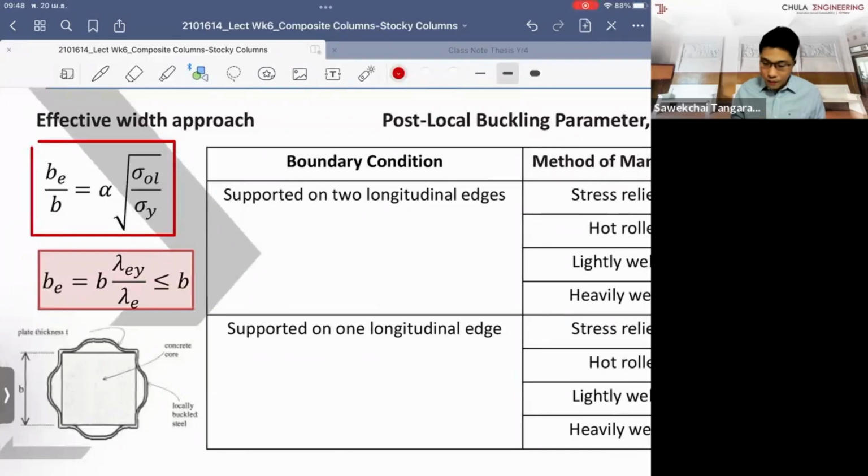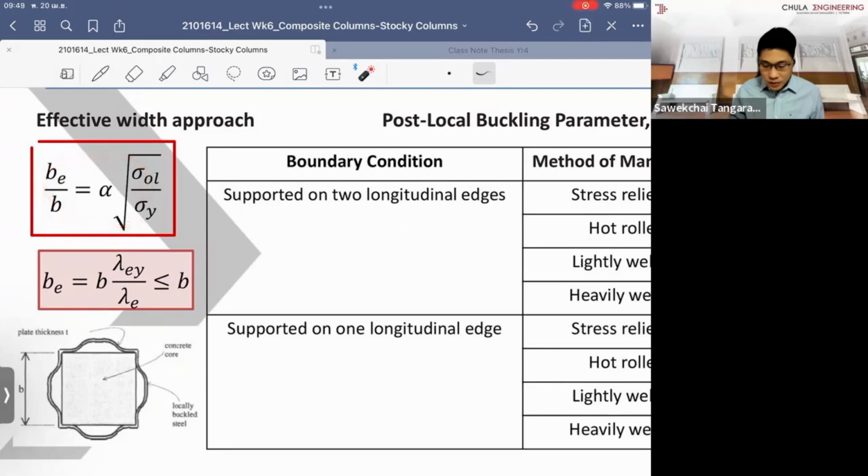And if you find what the steel code says, they say that you use this. So there are two formulations, but in the end, you should get the ratio of BE, which is the effective width, over B, which is the physical width of the section you are considering. They should give very close values, whichever calculation you use, right?